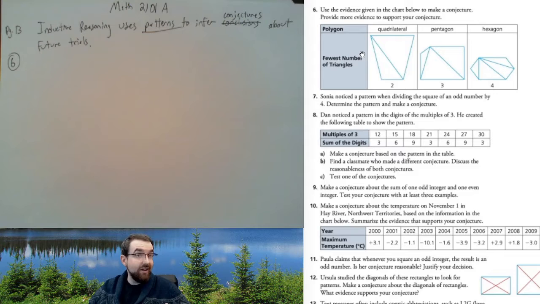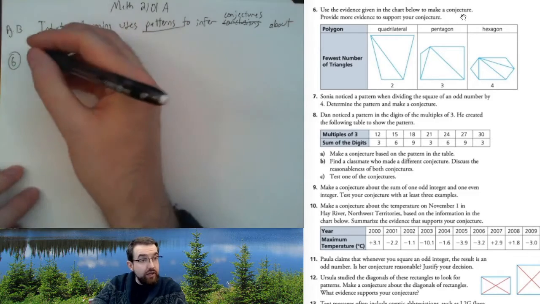And of course, a 3-sided figure, a triangle, is 1 triangle, right? So use the evidence given in the chart below to make a conjecture. Provide more evidence to support your conjecture. There's a very important rule that derives from what we're doing here, and that is how we find the interior angles of a shape.